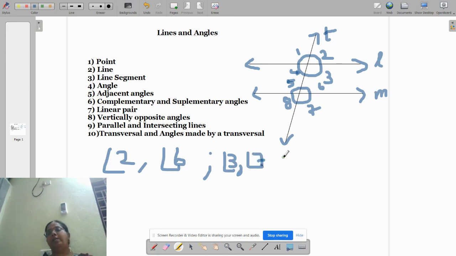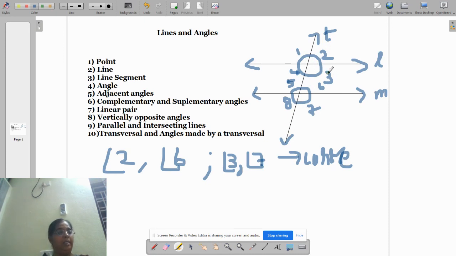These angles are called as corresponding angles. See, angles made by a transversal on the same side of the transversal, one is exterior and the other angle is interior. If you observe here, angle 2 is exterior and angle 6 is interior, but these two angles are made on the same side of a transversal.